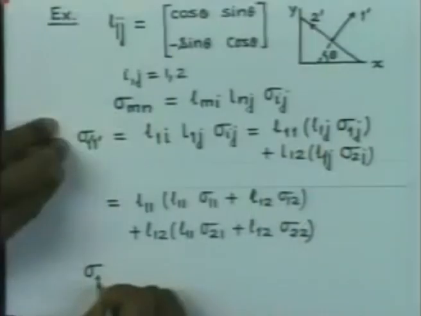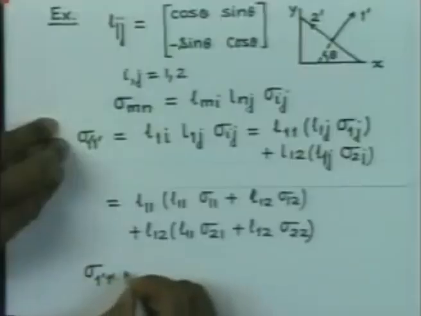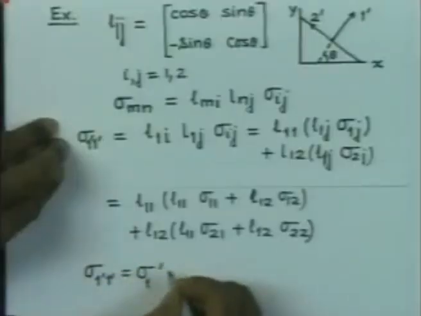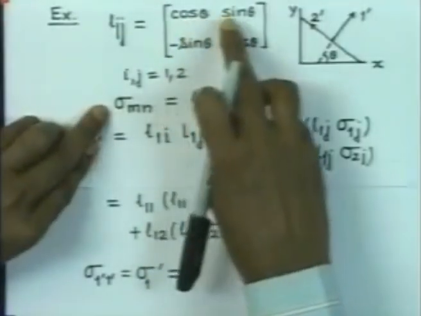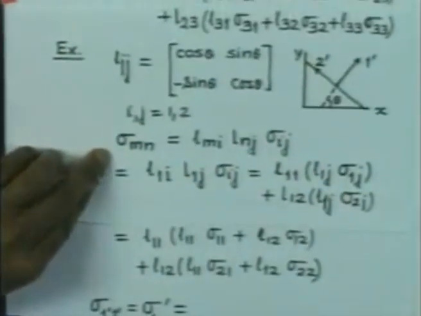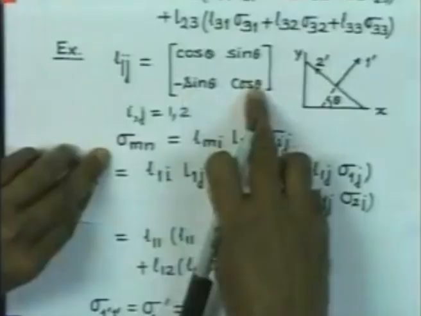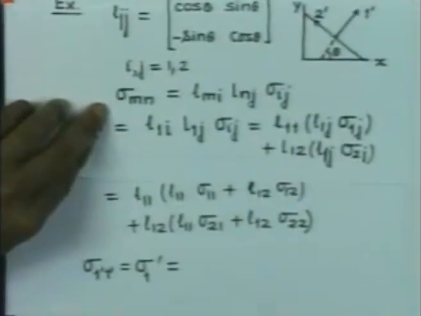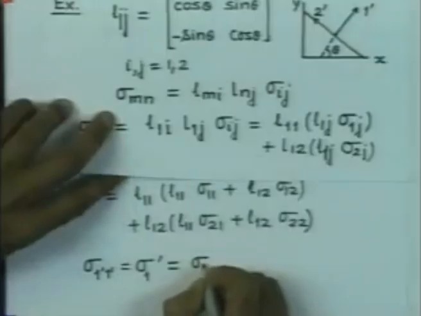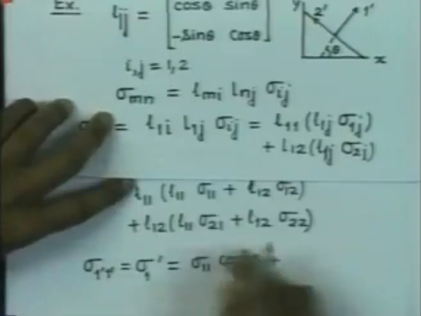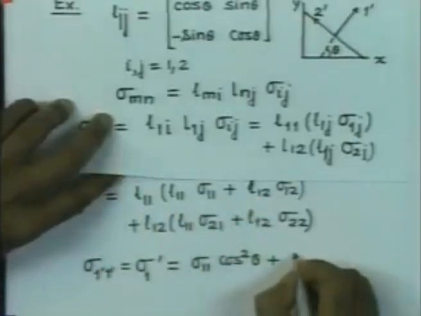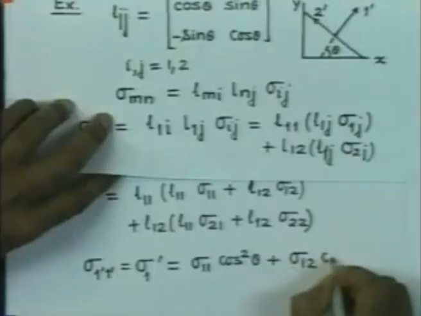So, we will now simply represent the stress sigma 1 dash as sigma 1 dash. This is going to be, now, we have L 1 1, L 1 2, L 2 1, L 2 2. So, if we now substitute the values, then this is sigma 1 1 cosine square theta, plus this is cos theta, this is sin theta, so sigma 1 2 cos theta sin theta.